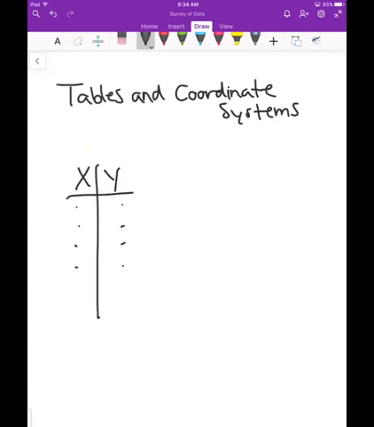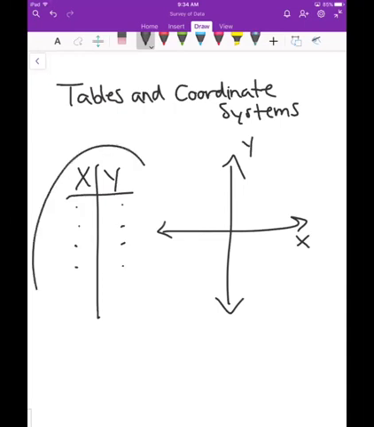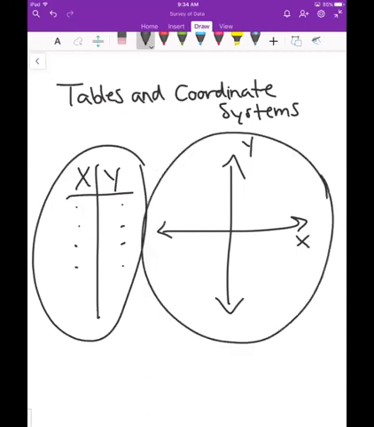If we're using a coordinate system, we just want to remember coordinate systems are the two axes together, and that our explanatory variable in coordinate systems goes on the horizontal axis, and the response variable goes on the vertical axis. And these are great ways to summarize the information in a table and then visualize the information in a coordinate system. So we want to look at an example of doing that.